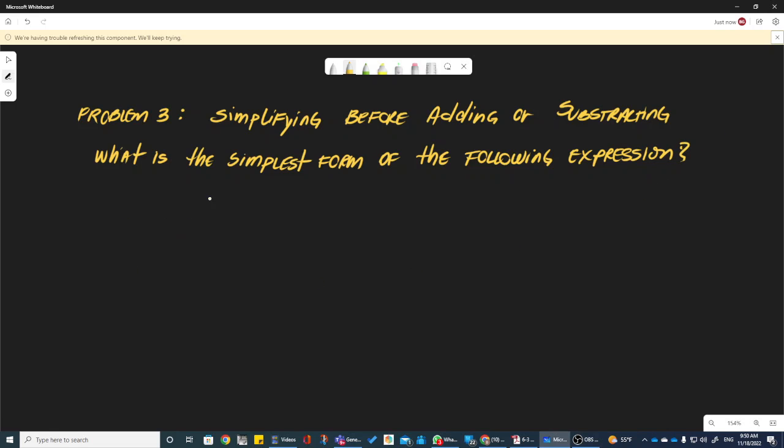Okay, this is the expression. The square root of 12 plus the square root of 75 minus the square root of 3.